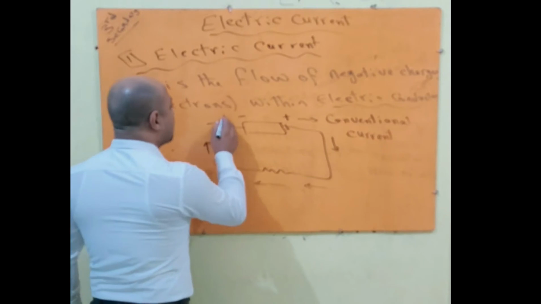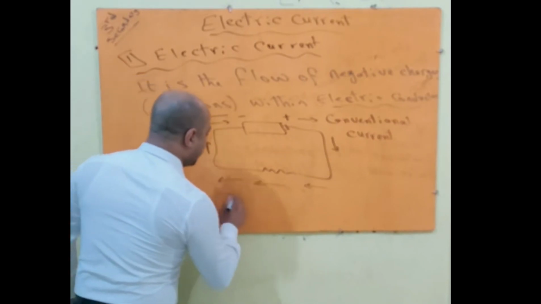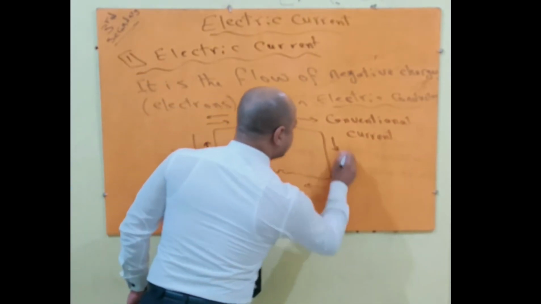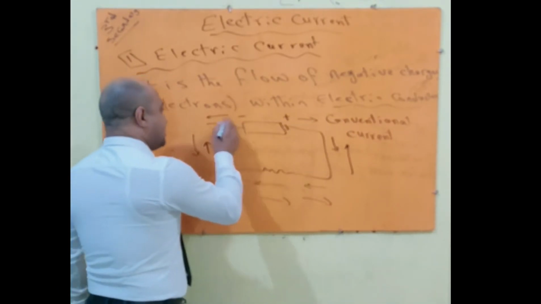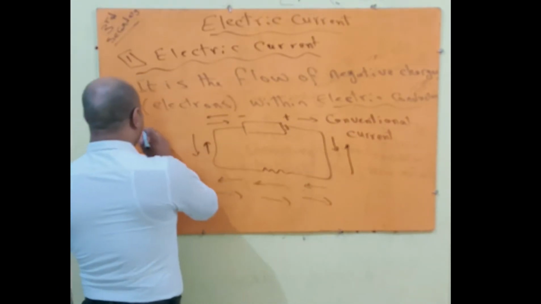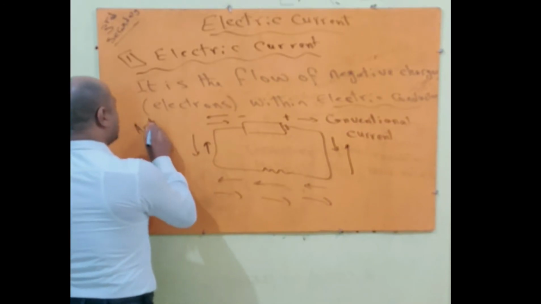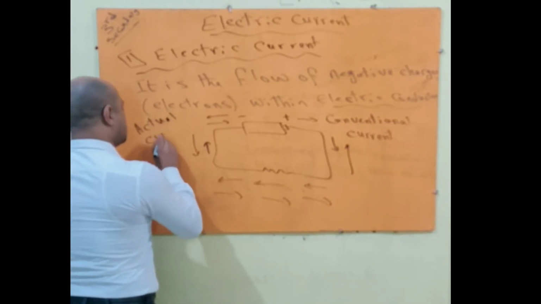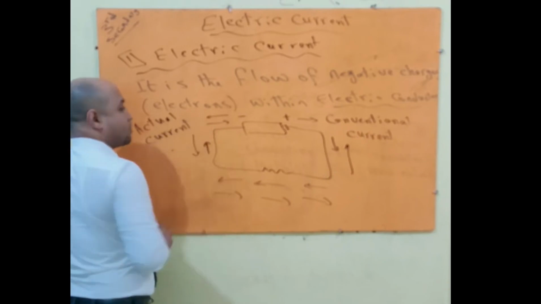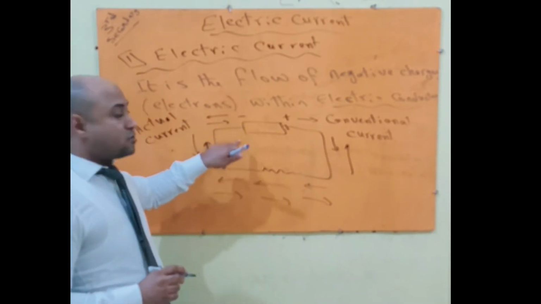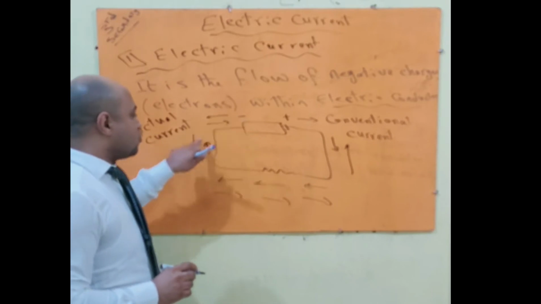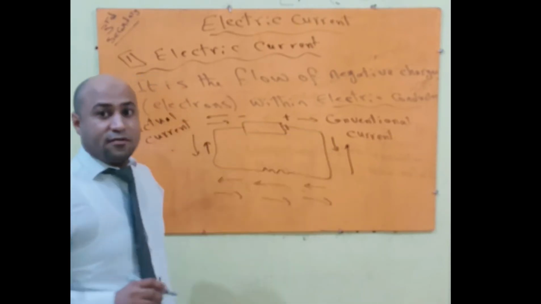While the actual current is the flow of electrons in this direction. So this direction is called electron or actual current. What is meant by actual current? It is the flow of electrons from the negative pole of the source towards the positive pole outside the electric source.